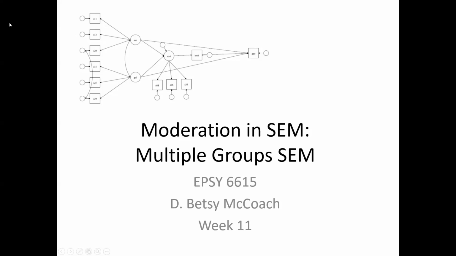We won't have a ton of time to go into detail, so we'll just scratch the surface. There's lots more we could say, but we'll do a general overview for thinking about latent moderation in SEM, and that will take us to the end of class. So that's the plan for today.